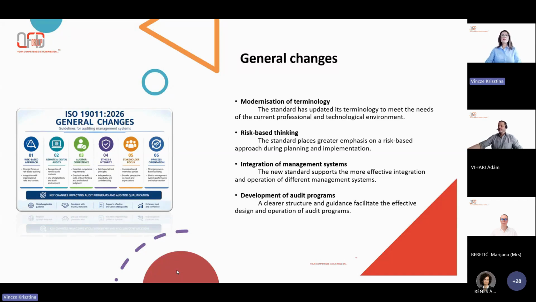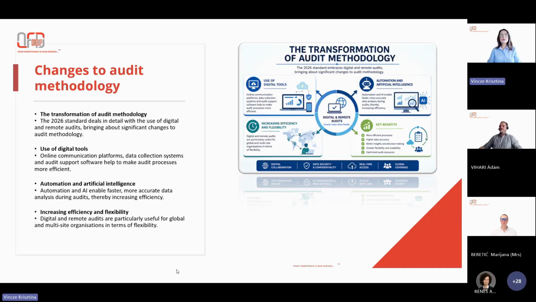Not only general changes will we find in the new standard, but also changes in the methodology: how we have to plan and how we have to conduct the audit. Here you can find a sample of the transformation of the audit methodology.